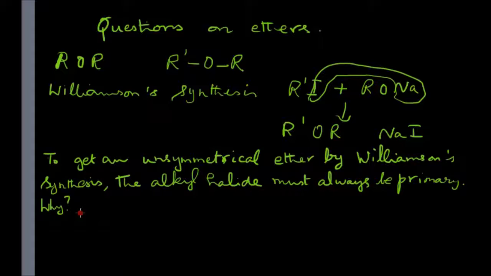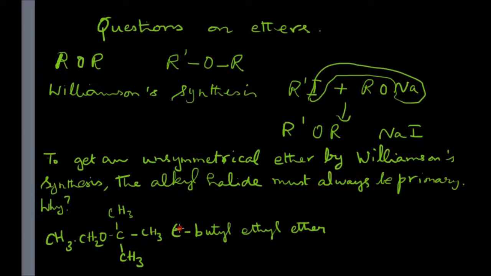Now, for Williamson's synthesis to prepare an ether, you need an alkyl halide and an alkoxide. The statement says that the alkyl halide must always be primary. Let me take a specific example of an unsymmetrical ether. The unsymmetrical ether is tertiary butyl ethyl ether.